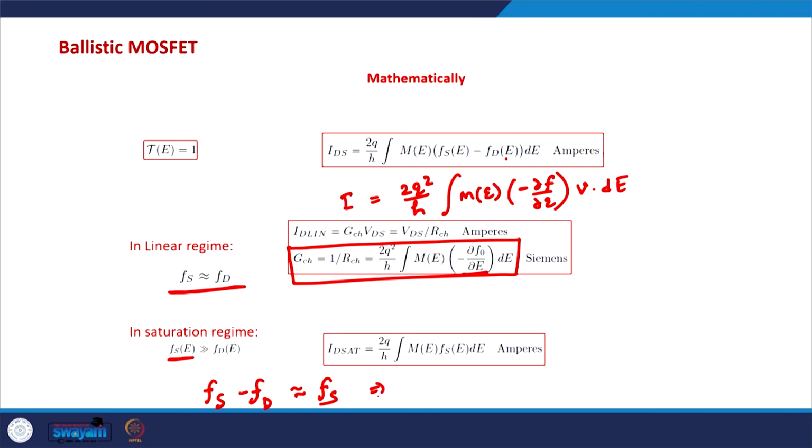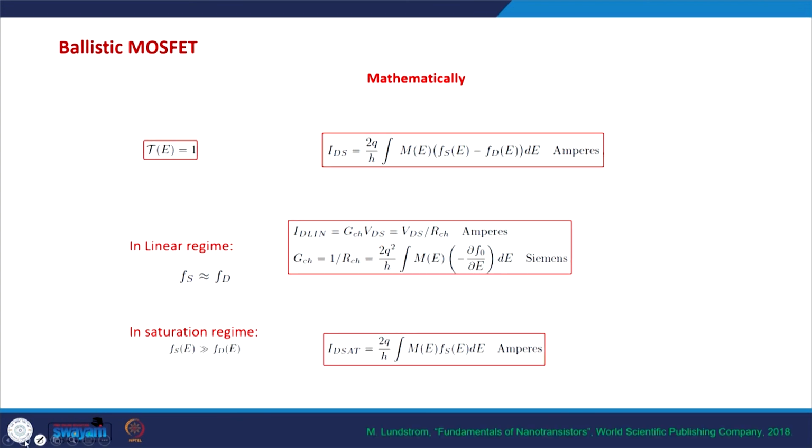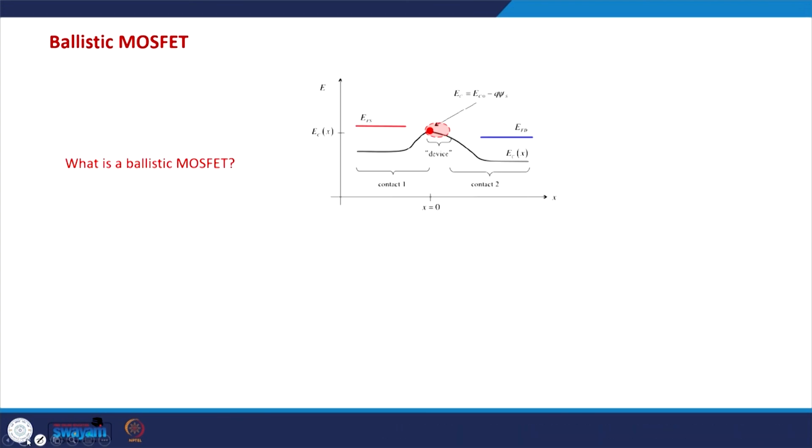So in saturation, the drain current in the MOSFET is (2q/h) ∫ M(E) Fs(E) dE. These are the equations to start with while trying to understand a ballistic MOSFET.